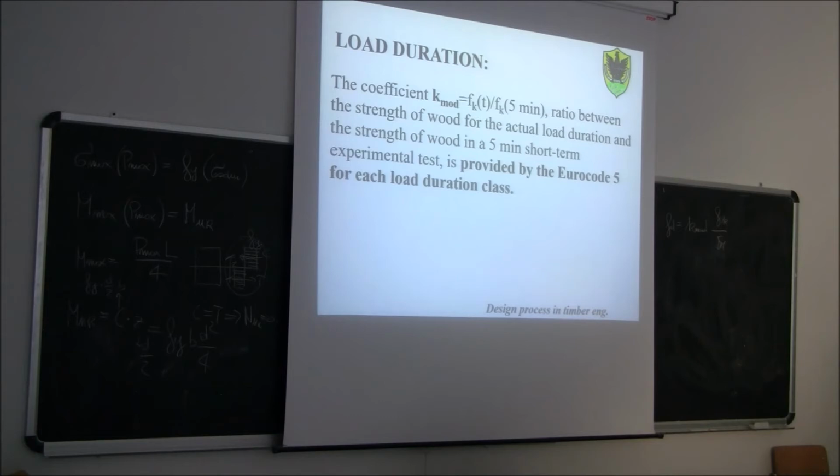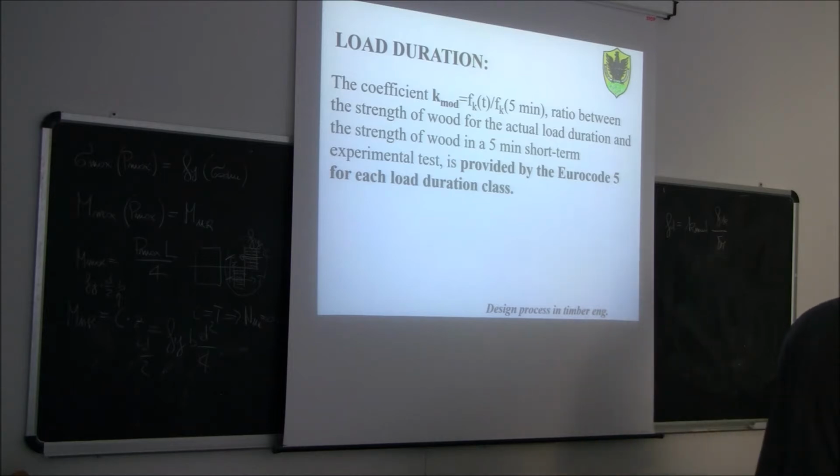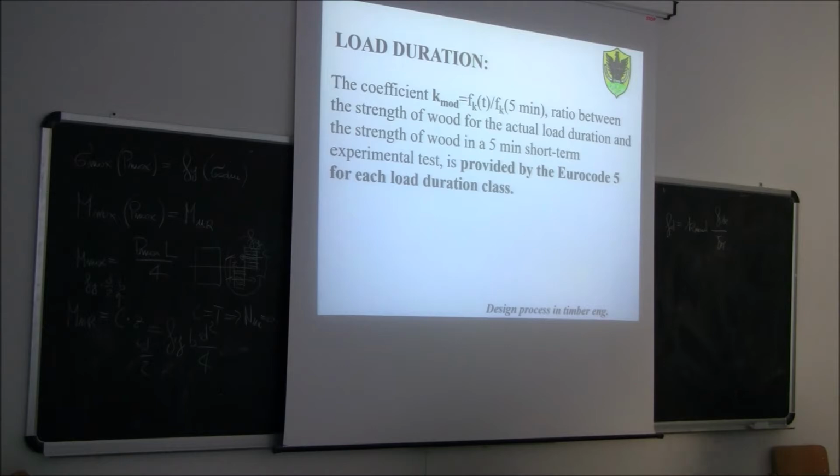So for reinforced concrete, for the sake of simplicity, even if you do a seismic design or a normal design, K mod is always equal to 0.8, which is not the reality, because also for concrete, if you apply instantaneous or very short-term loading, like in the case of an earthquake, for sure you get more than 20% strength. So you should be using K mod equal to 1. But the regulation, as a matter of simplification, said, at least in Italy, in other countries may be different, that K mod is 0.8 for any load condition.